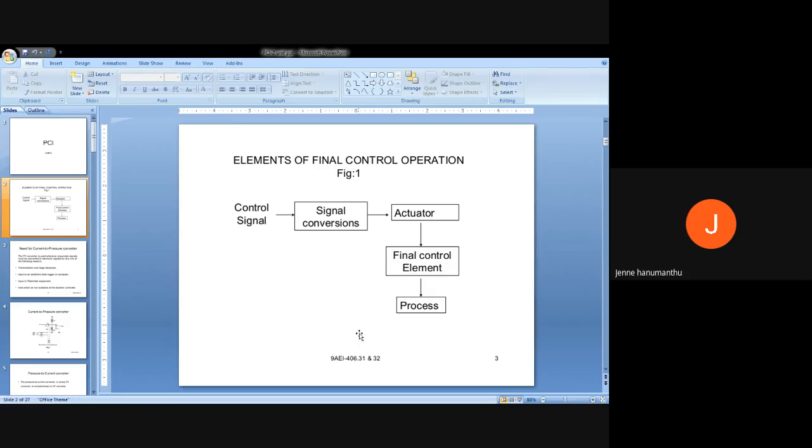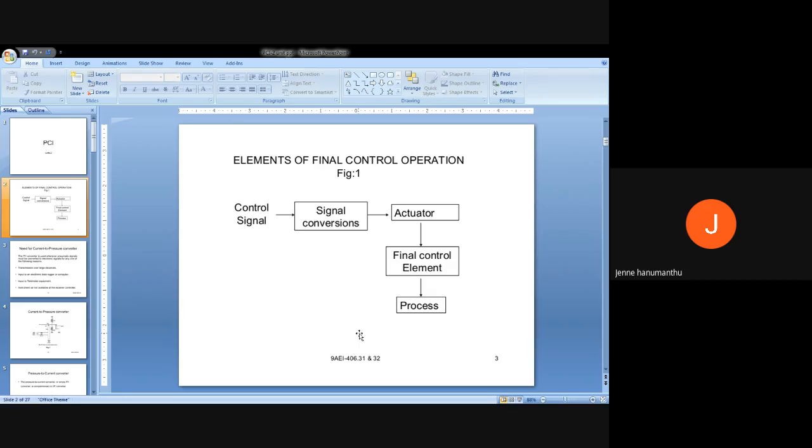Okay, what types of actuators do we have as per our syllabus? There are a number of actuators available in the process industries, on the industrial instrumentation side. But from the syllabus point of view, the actuators may be of three types. Three types of actuators are available in the process control instrumentation subject.